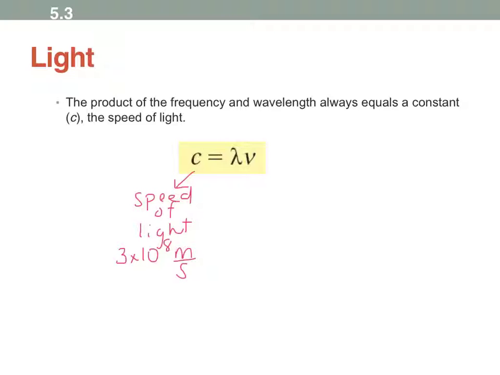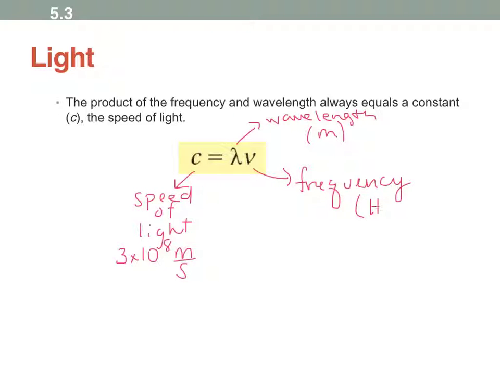Then this one is the wavelength, and this one is the frequency. So remember, wavelength is usually going to be measured in meters. Frequency is going to be measured in hertz.